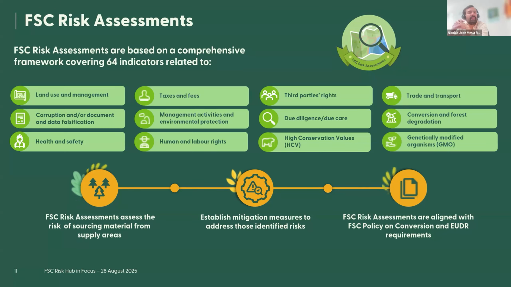Some of the indicators that we have have been inserted in this new framework in alignment with the EUDR, but also several of the requirements that we already had in our previous framework for controlled wood have been maintained, of course, all of them, but also some modifications were made towards this alignment with the EUDR and other important policies at FSC.